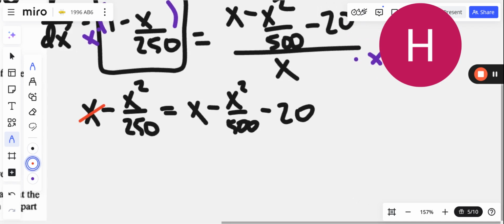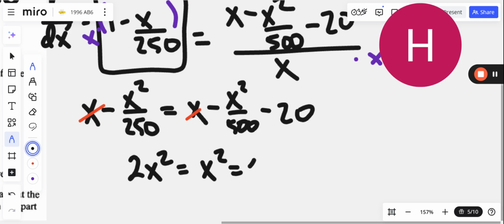We subtract x from both sides. And then if we multiply everything by 500, in fact, let's multiply everything by negative 500 to get rid of these negatives. This will be 2x squared, simply. This will be positive x squared, simply put. And this will be, well, times 5 is 100, and then times another 100, that's going to be plus 10,000. 100 hundreds.